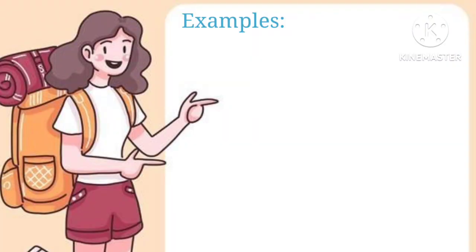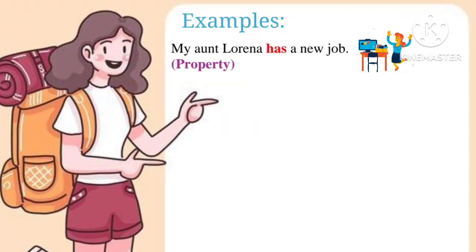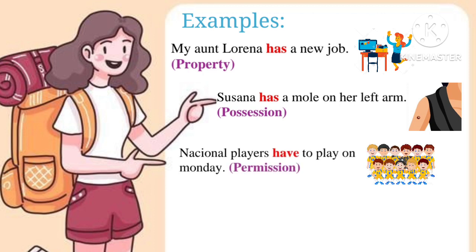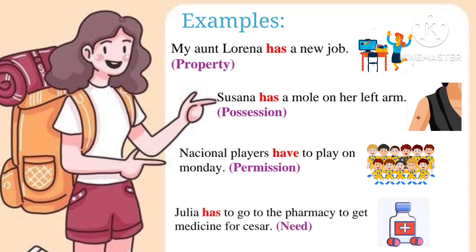Example: My aunt Lorena has a new home property. Susan has a mole on her left arm. Obligations: National players have to play on Monday. Permissions: Julia has to go to the pharmacy to get medicine for Cesar.